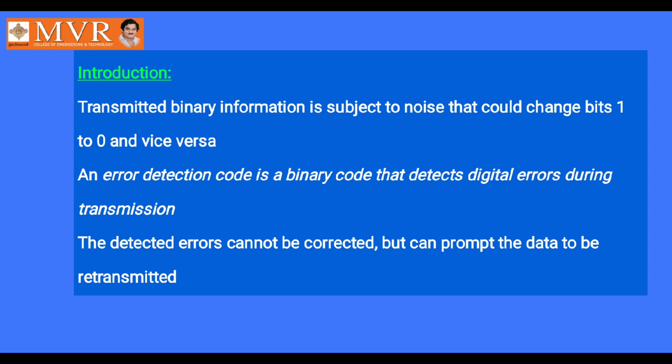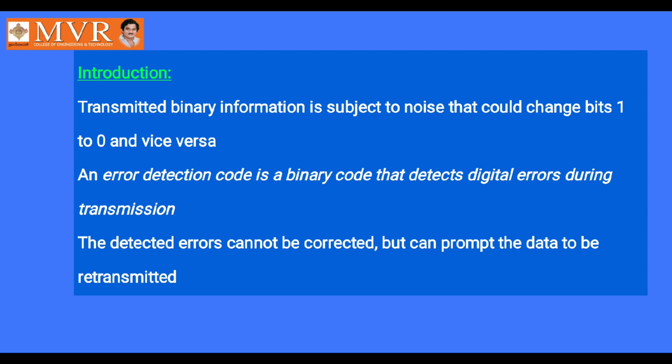Generally, you know very well that our digital computers transmit data in the form of binary, which we keep on repeatedly discussing. So, for example, let us take 1011 that I am transmitting.